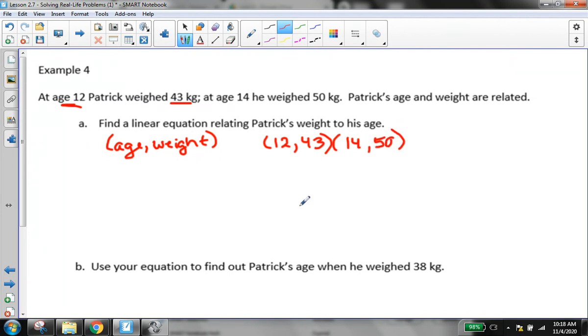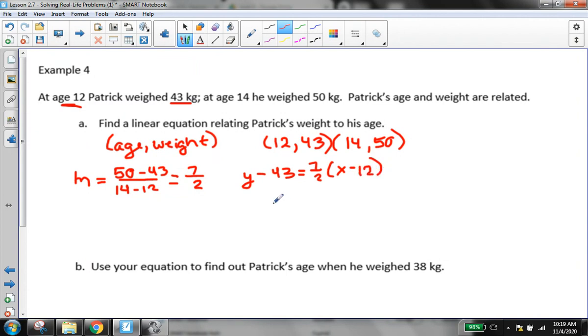So to get this into an equation, we need a slope, we need a y-intercept. So let's go with the slope first. So 50 minus 43 over 14 minus 12. Okay, so to get that answer, looks like I'm getting 7 over 2. I'm going to go with point-slope form first. So I'm going to do y minus 43 equals 7 over 2 times x minus 12.